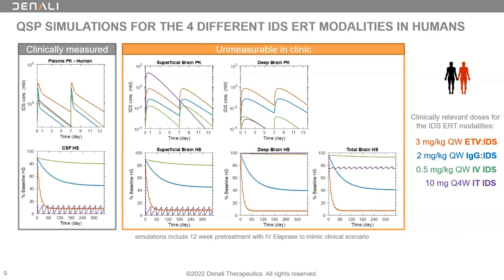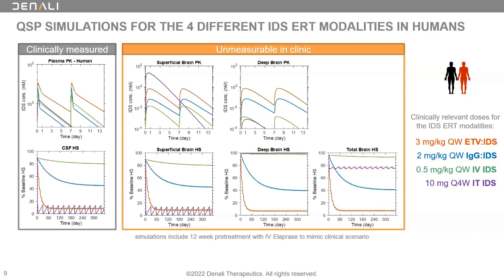But what is also observed for ETV-IDS is consistent reductions in both superficial and deep brain regions, normalizing heparin sulfate to normal levels, and that is achieved across both superficial and deep brain regions, reflected by the average total brain heparin sulfate predictions.